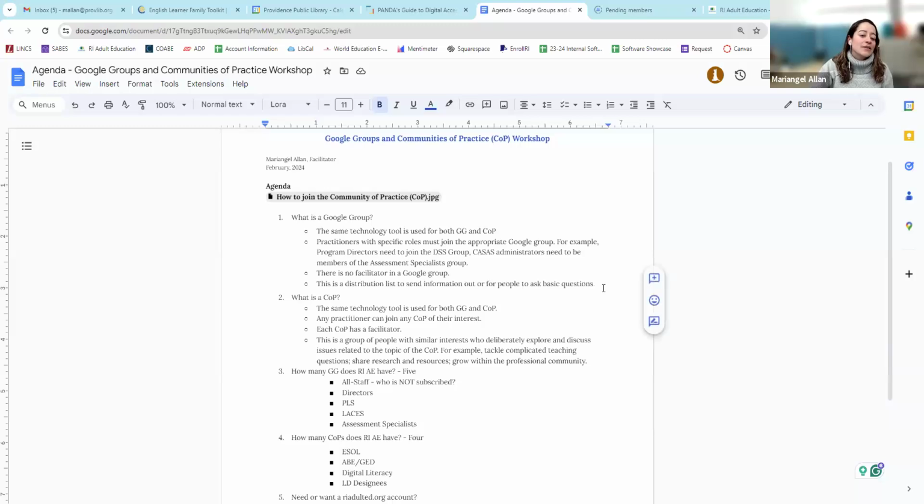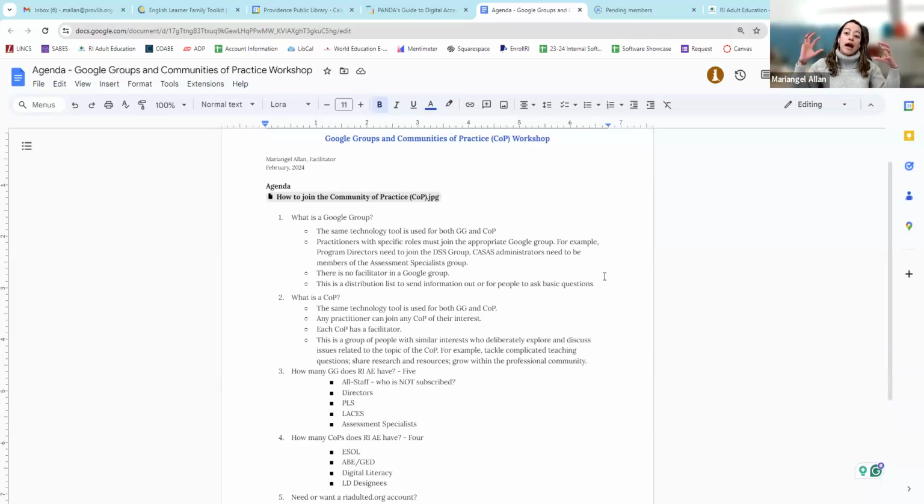All right, so let me share my screen and let's tackle those points. Okay. So what is a Google group? Let's start with that. First of all, groups, or what's called community groups, can be launched in a bunch of different platforms.